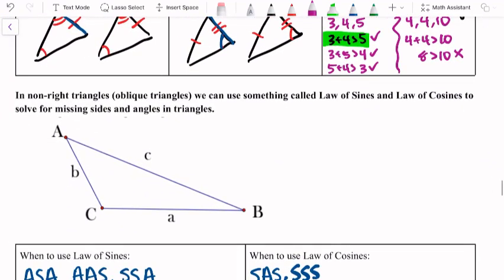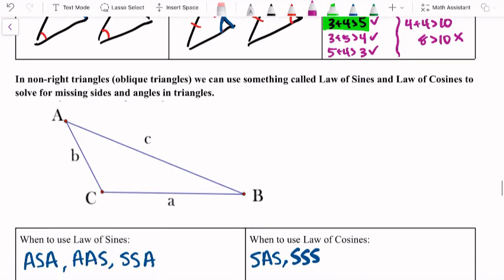We're going to be taking a look at non-right triangles, which we call oblique triangles. The thing that we need to know here is how our diagrams are going to be labeled. Our capital letters are going to be our angles, and our lowercase letters are going to be our side lengths.